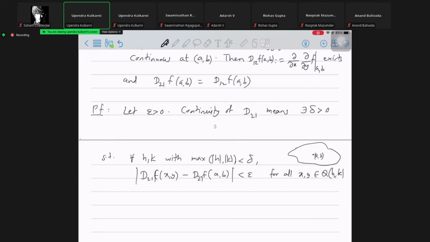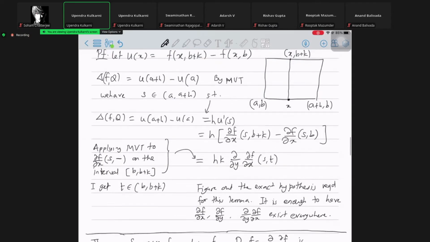All right, so from here on it's just a matter of following our nose, as it were. Notice that I'm already given that D21, that is del by del y of del by del x of f, exists everywhere and is continuous. I want to show that D12 exists and is actually equal. So how do I calculate D12?